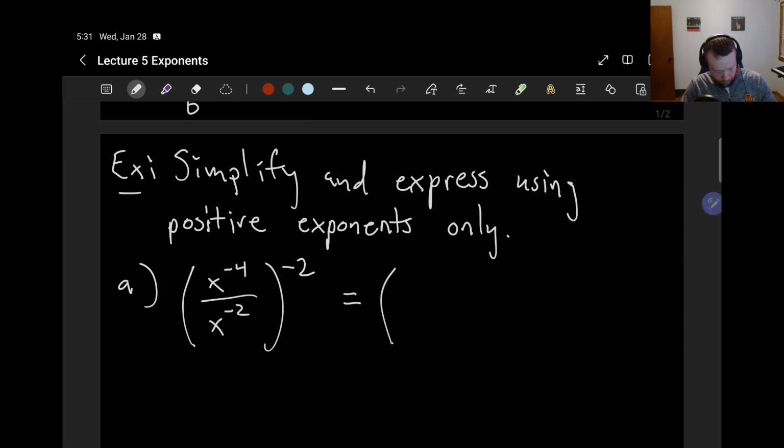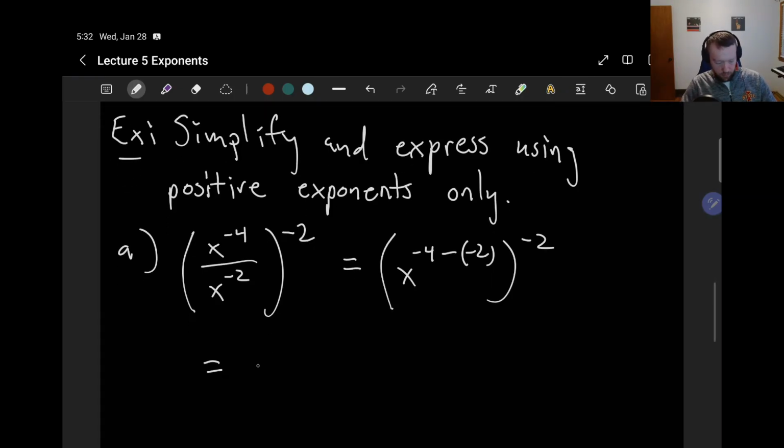So inside, I have this common base, x, which means that I'm going to subtract these exponents. And careful here, this is minus negative 2. So minus a negative is a plus. Negative 4 plus 2 is negative 2.